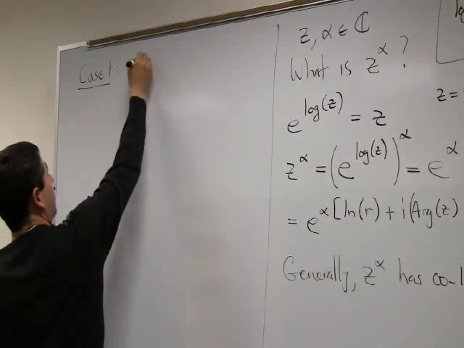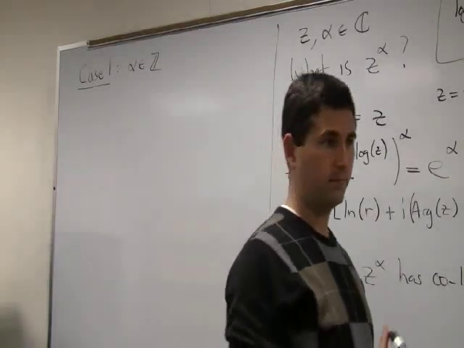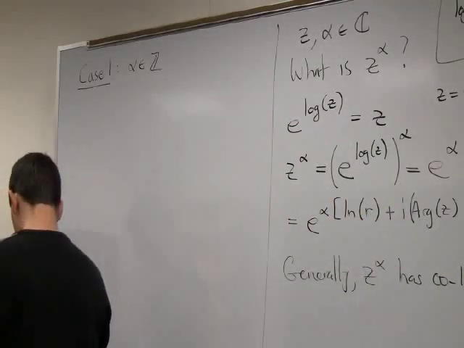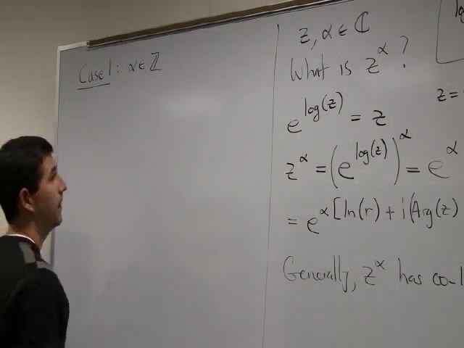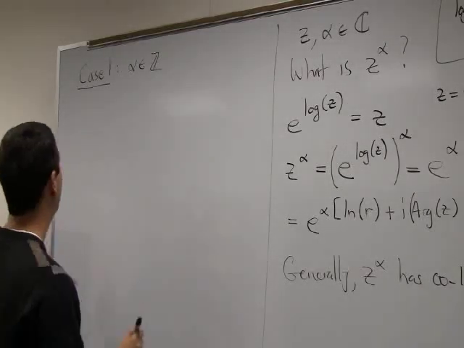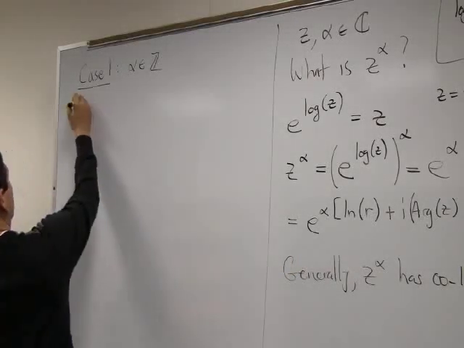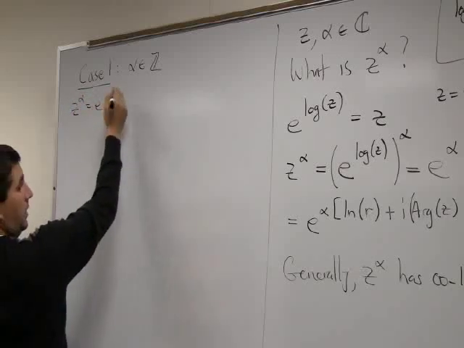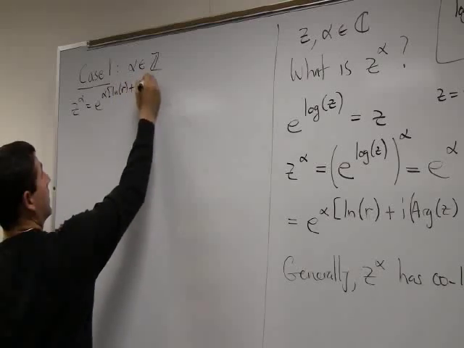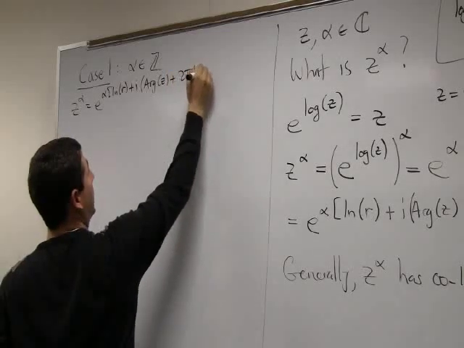So the first case is, what if alpha is just an integer? This should be pretty straightforward. If we use this definition, then z to the alpha is e to the alpha ln of r plus i times the argument of z plus 2 pi k.